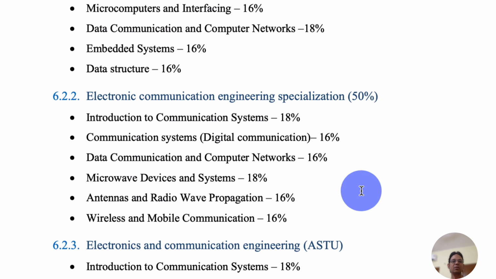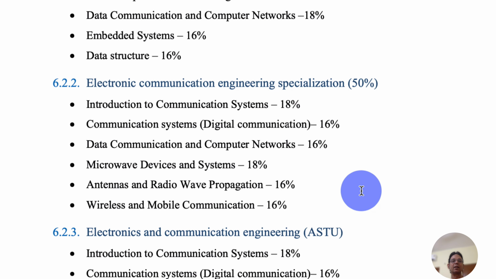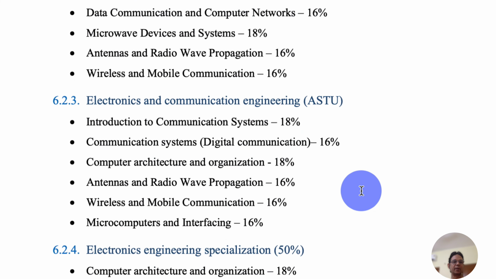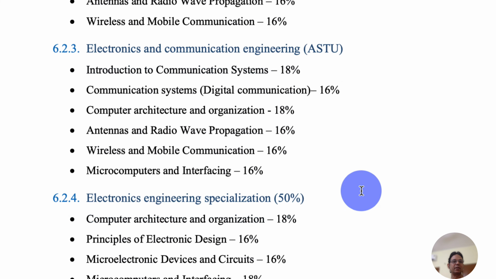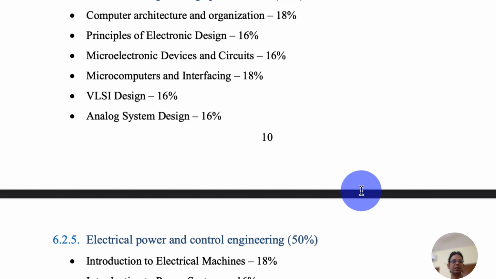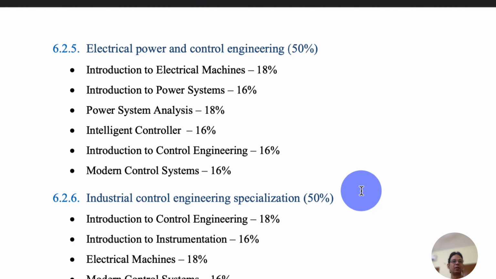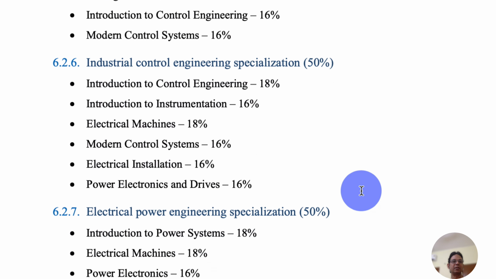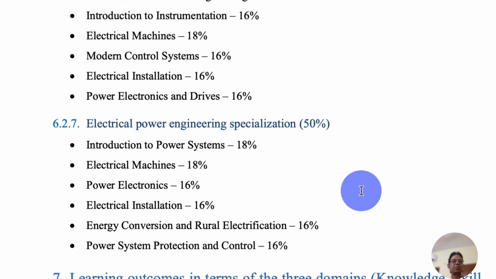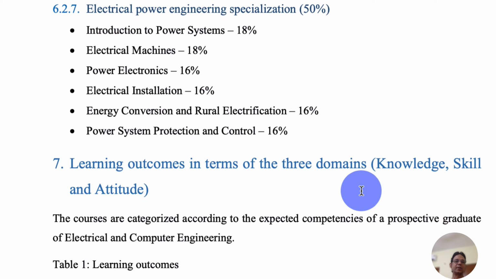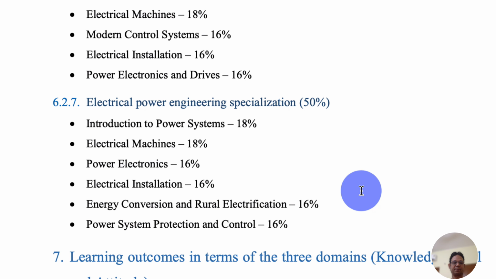So for each specialization, six courses are selected that you have to prepare, and those percentages will be covered in the exit examinations. The percentage share is given separately for each subject: industrial control engineering, electrical power engineering, and all the others.